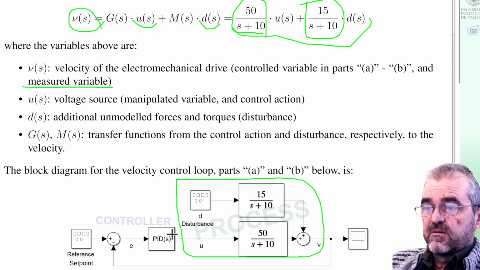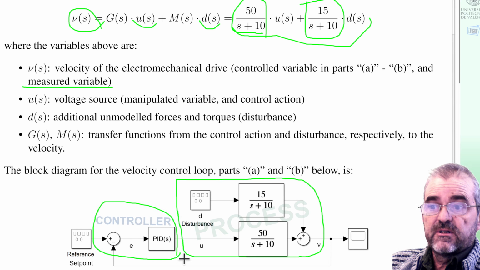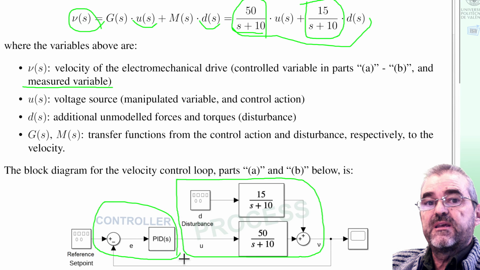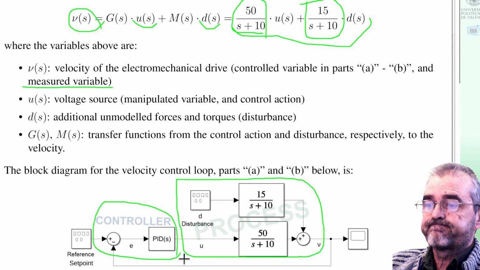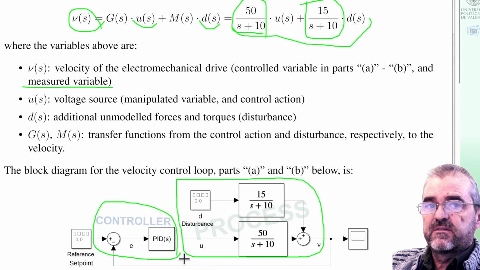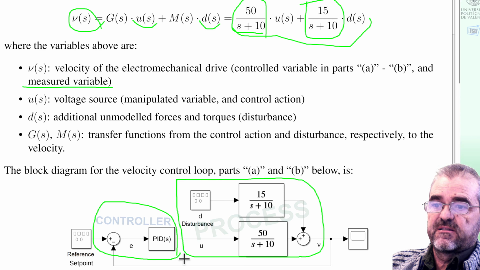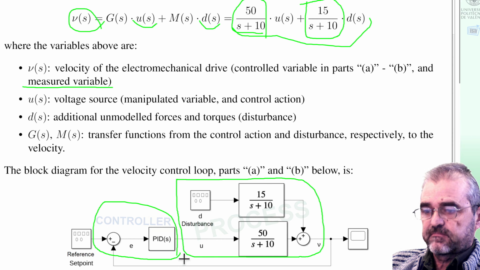And then this part here is the feedback controller, which will be a PID type control, error-based, 1 degree of freedom, if you know what that means. And then the overall closed loop is as depicted in the block diagram.